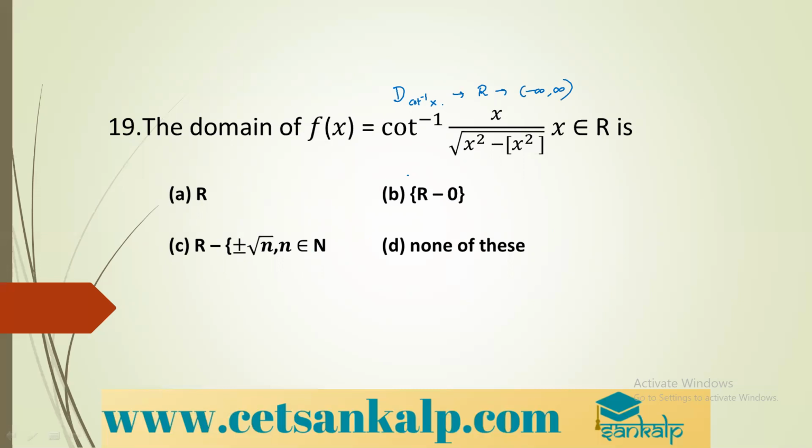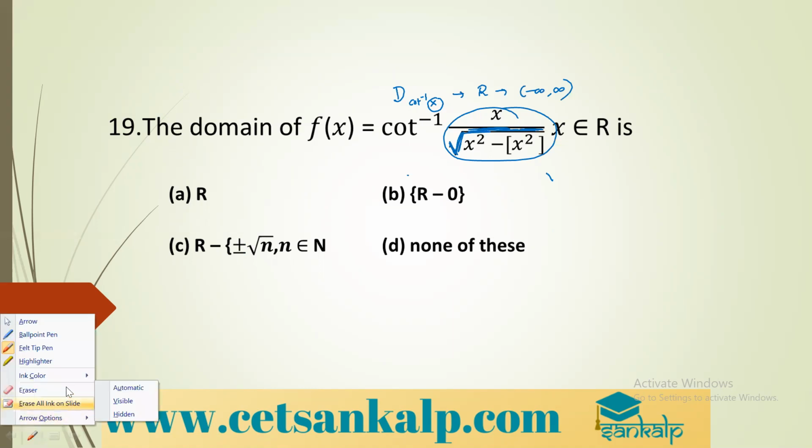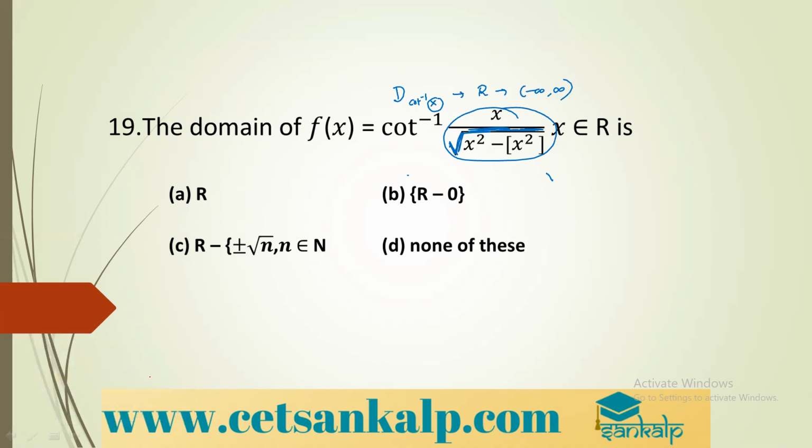But that is for cot inverse X. Here we don't have X, we have this entire thing. So we have to take care about this because that is a fraction, with a square root in the denominator. Remember, there is a denominator and there is a square root also. Both are there, so I have to take care of both.